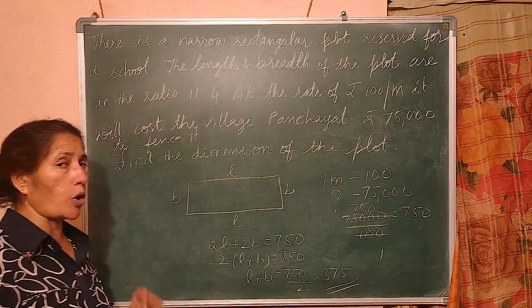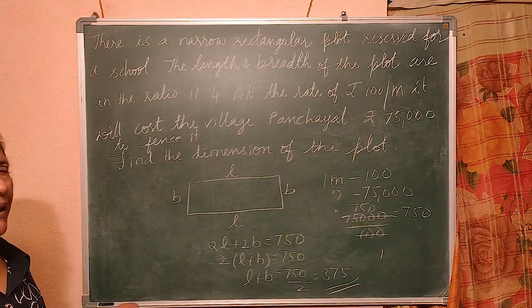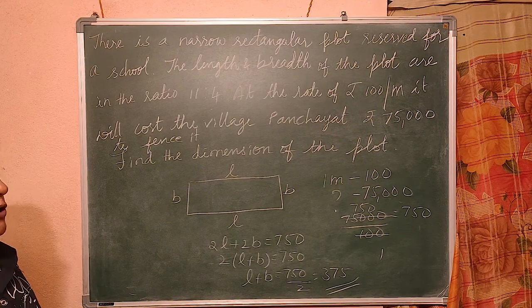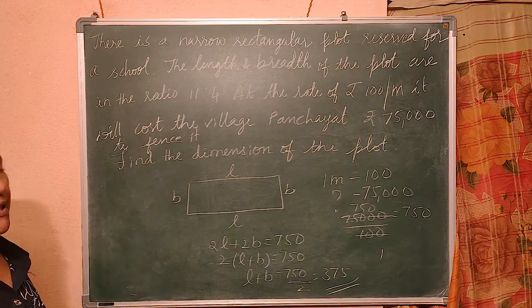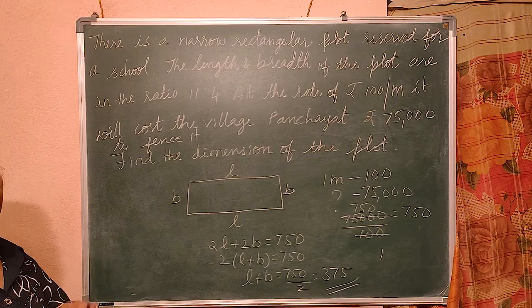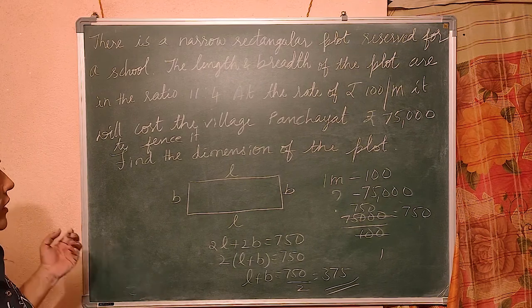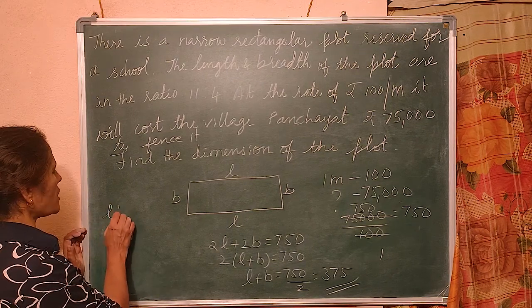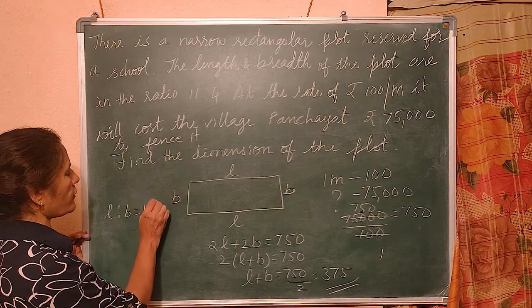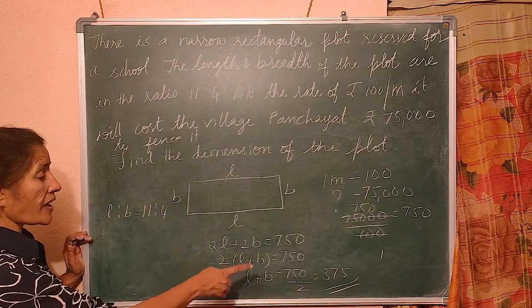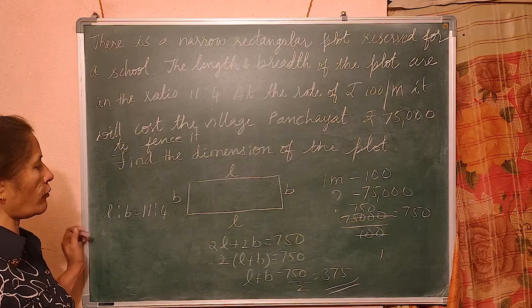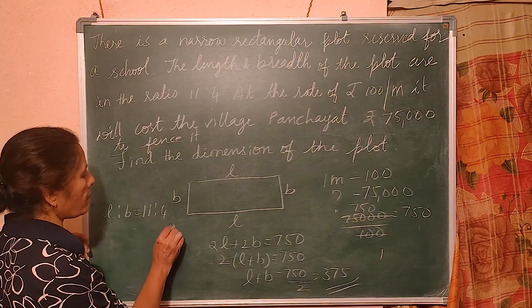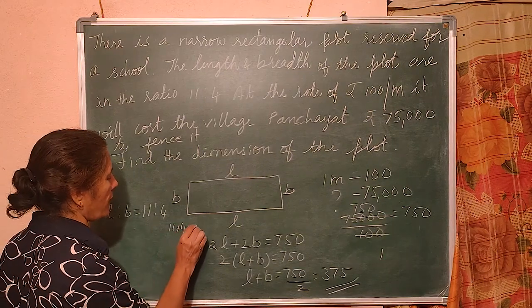Is our work over? No, we have not yet found out what the length and the breadth are. But they have given something else: length and breadth are in the ratio 11:4. So, L is to B is equal to 11:4, and L plus B is equal to 375. What should we do? 11 plus 4 is equal to 15.